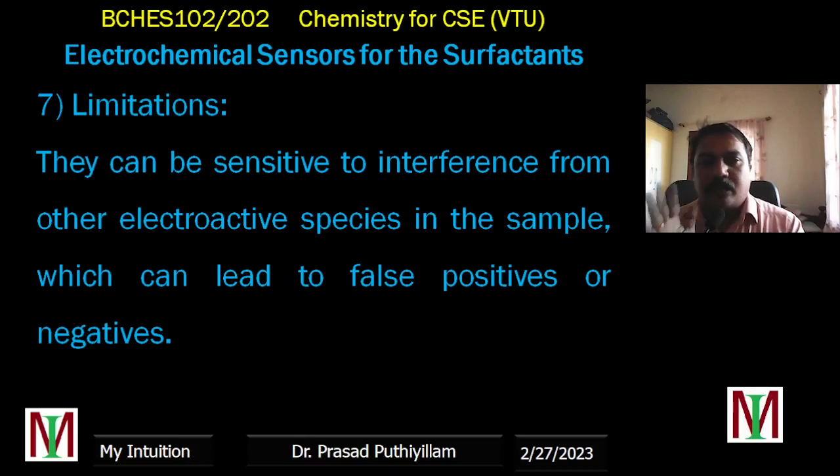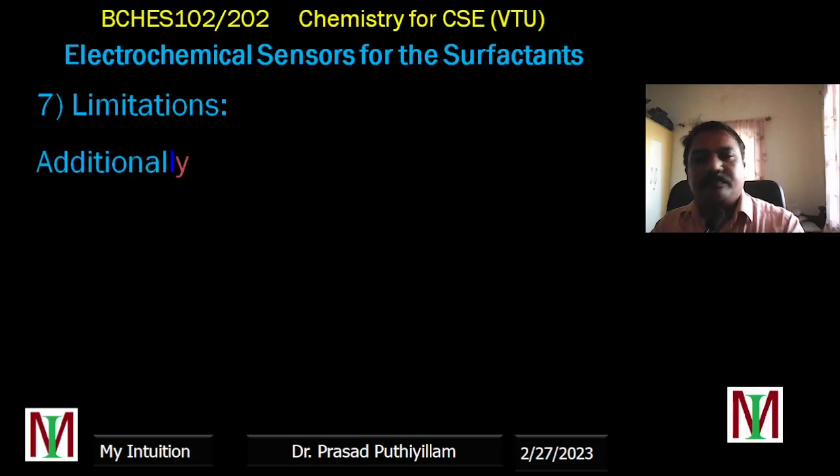We call them electroactive species. Okay, I'll repeat it. Any other component present in the sample which is also active, which will also give some electron movement that will be detected by the electrode, we call it an electroactive species. If they are present, they will also give either false positive or false negative results.